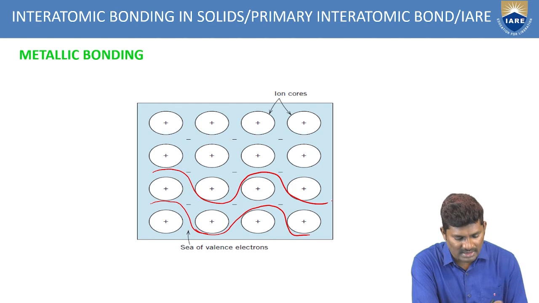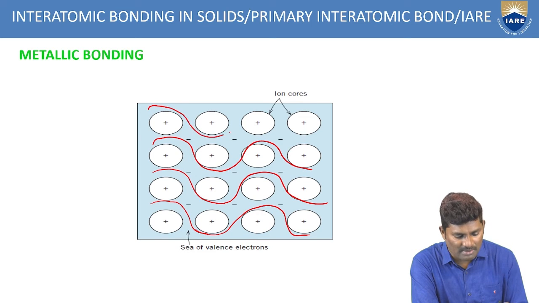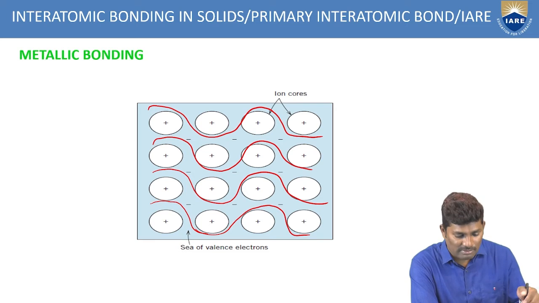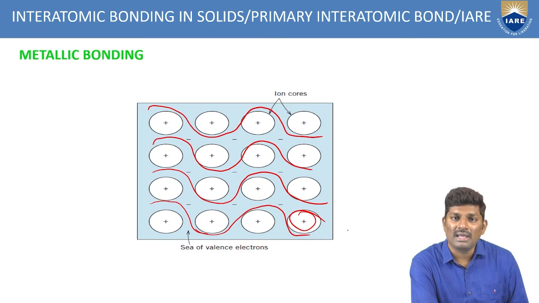Wherever there is a gap or instability, the electrons pass into it. The valence electrons can be 1, 2 or 3. These valence electrons will flow in the sea of valence electrons, and wherever you have a gap, that gap is filled, and there you can observe a strong bonding between the elements.